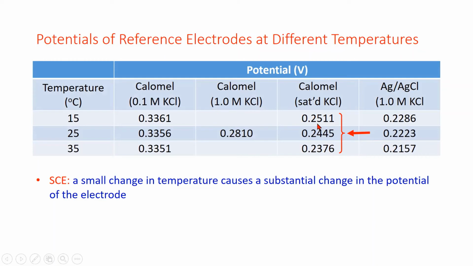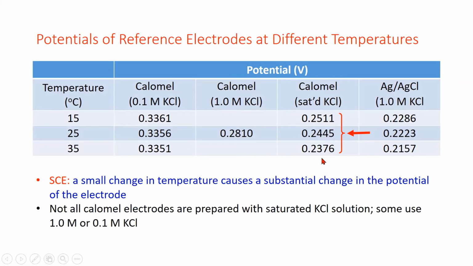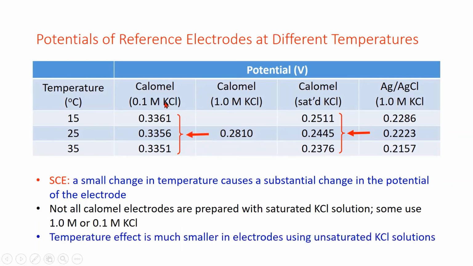This value is 0.25 at 15 degrees, 0.24 at 25 degrees, and 0.237 at 35 degrees. Note, not all calomel electrodes are prepared using saturated KCl. Some use 0.1 or 1 molar KCl solution. The temperature effect is much smaller in electrodes using unsaturated KCl solutions.